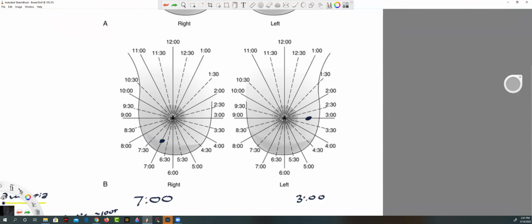And it's going to be the same for both, but of course, let's say 3 o'clock for the right breast is medial. 3 o'clock for the left breast is lateral. So just keep that in mind.